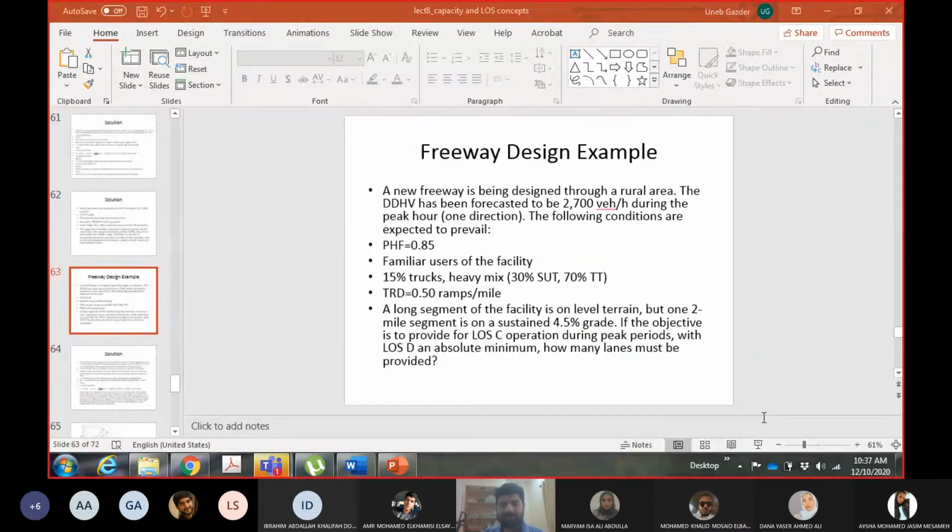But it's a design example. If somebody didn't tell me what the lane width and lateral clearance should be, and I am designing the highway, what should I take? I should take the standard value, right?